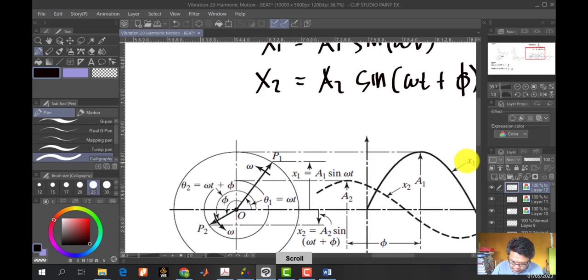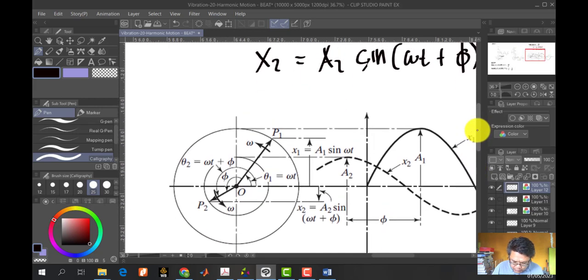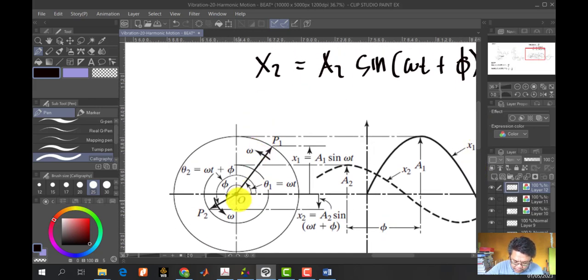Let's try to zoom in. OP1 makes an angle theta 1, which is equal to the angular velocity times time. Then OP2 makes an angle, starting from OP1, with a corresponding angle which is your phase angle.